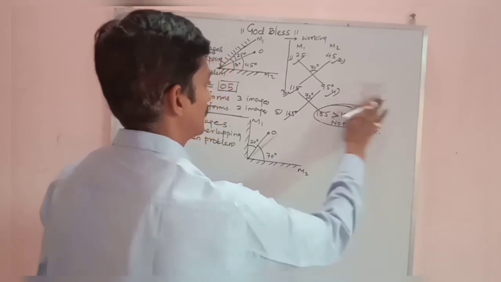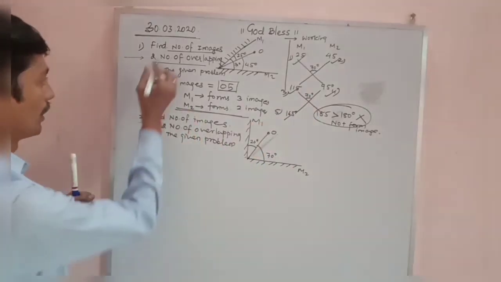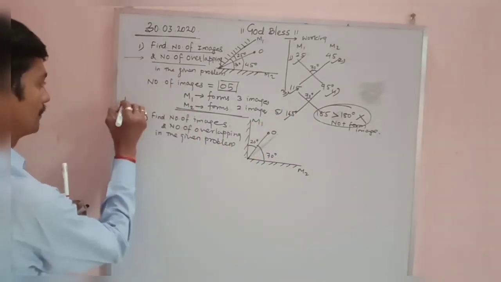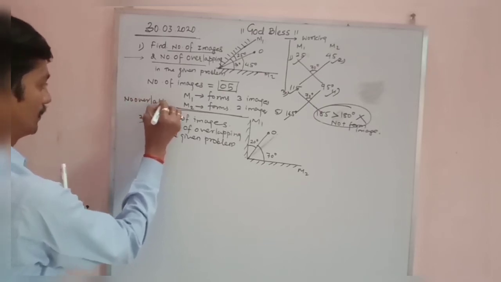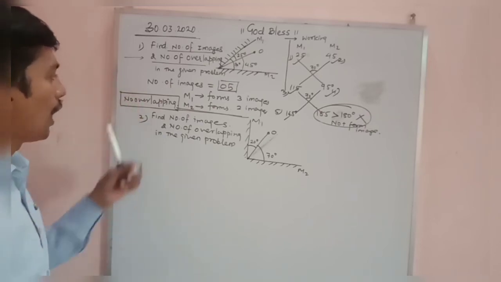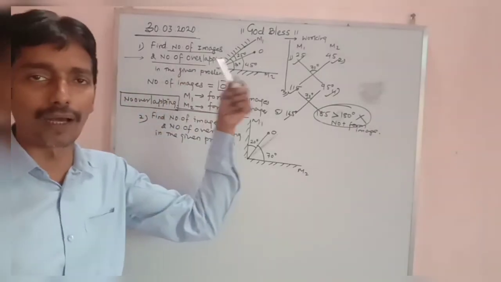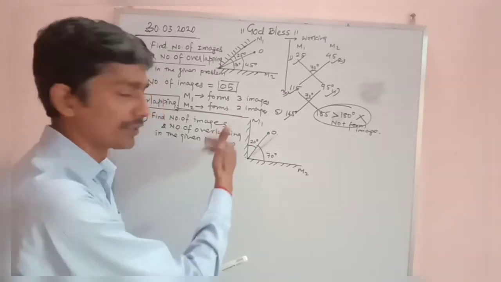Yes, I'll tell you the method for overlapping. Here there is no overlapping, so here I will write no overlapping. Now how do I decide whether there is overlapping or no overlapping? That is also important. Then I will go to this numerical.